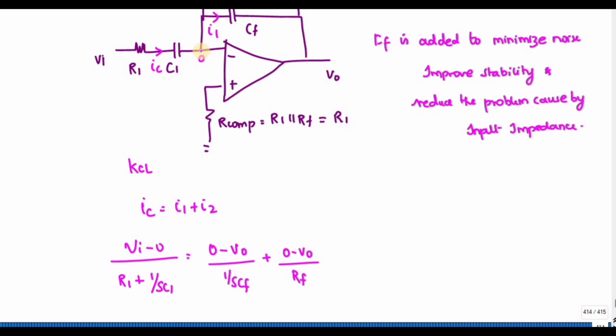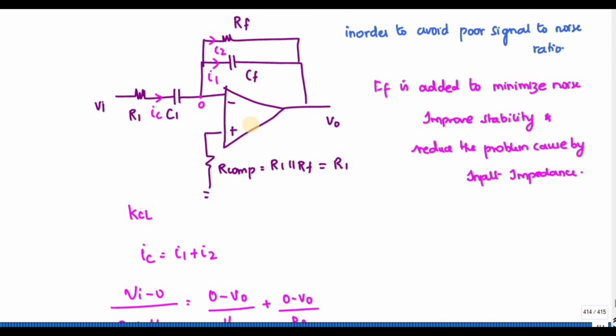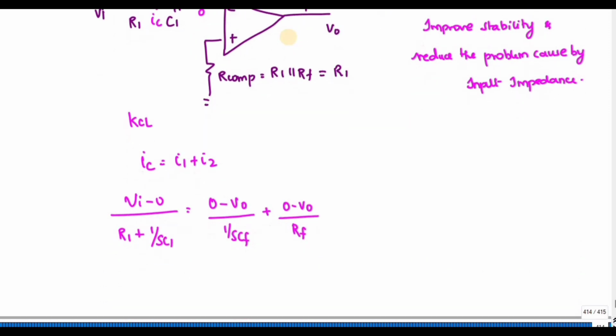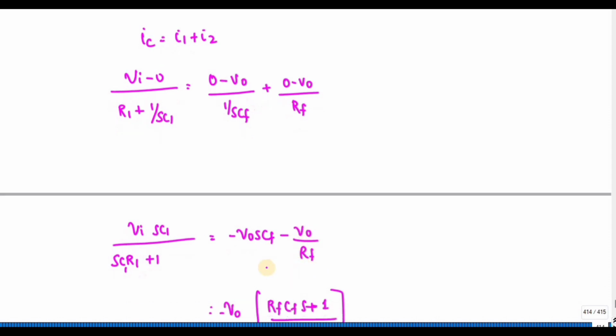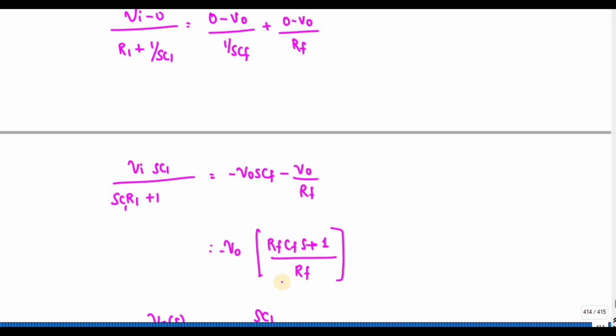I1 is 0 minus V0 divided by 1 divided by SCF, plus 0 minus V0 divided by RF, which is I2. Okay. So on solving, I will get Vi into SC1 divided by R1 C1 S plus 1 is equal to minus V0 SCF minus V0 divided by RF. So if I take the V0 common, I will get this equation.